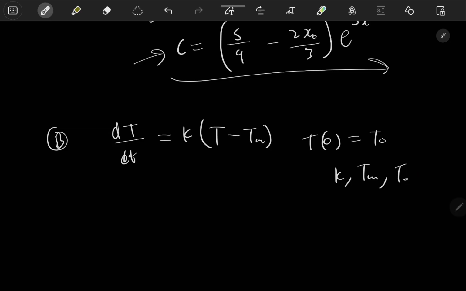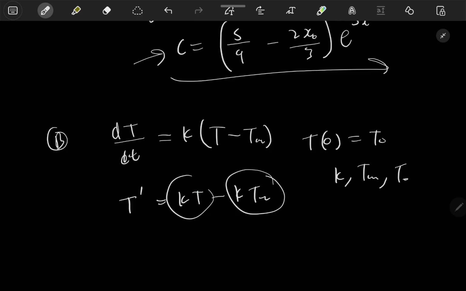We have to make this look like what we normally say. Our function here is changing in terms of t, right? So let me make it look proper. Let me make T prime here, and then k T minus k Tm. These are both constants, so constant plus constant is a constant.